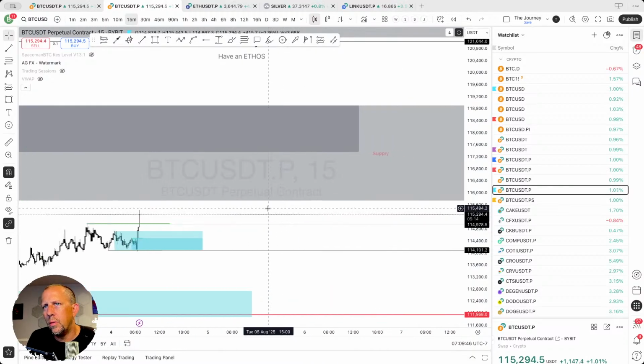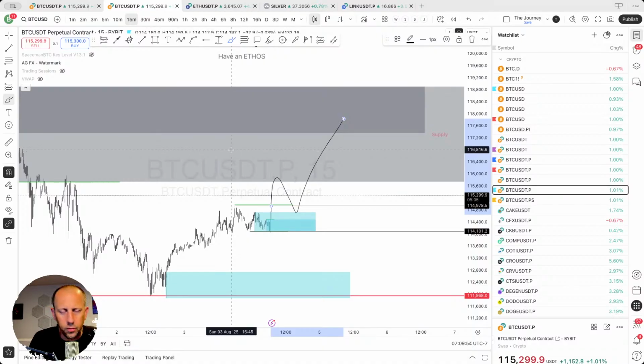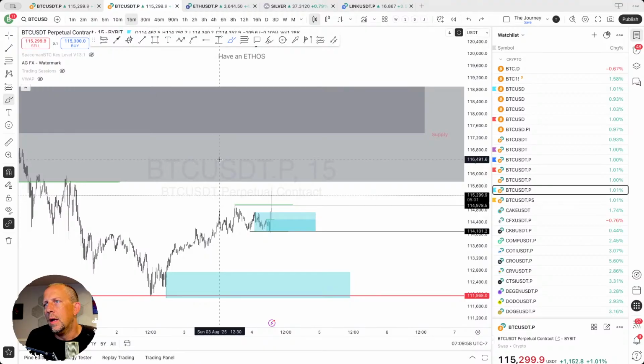I'm just hoping that we can get some retracement off of something like that, right? That's all I'm hoping for, is that it provides a small amount of retracement off of something like that.